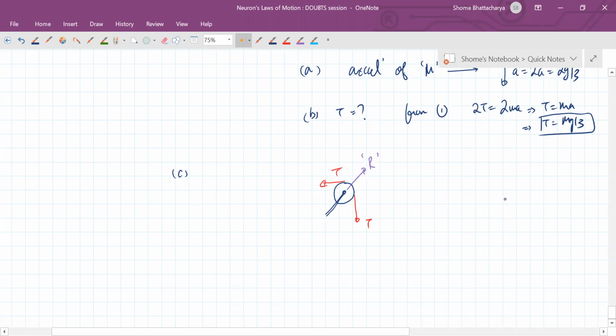Okay, so if you make the proper free body diagram of that pulley, you will see that one tension is horizontal, one tension is vertical. Their vector sum is along this 45-degree line. So the reaction force has to exactly balance that.